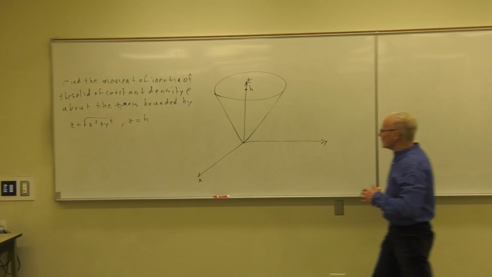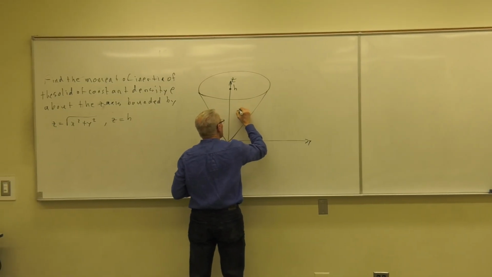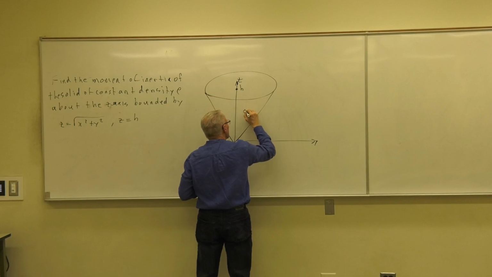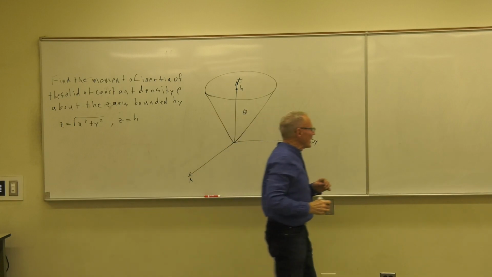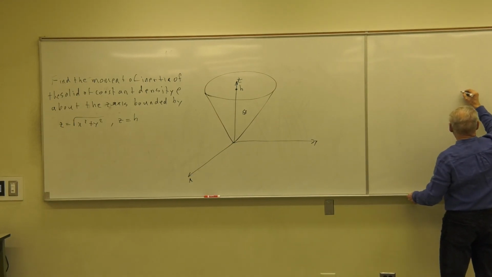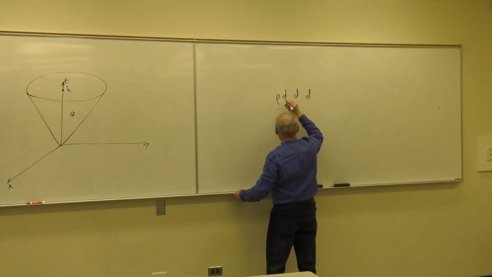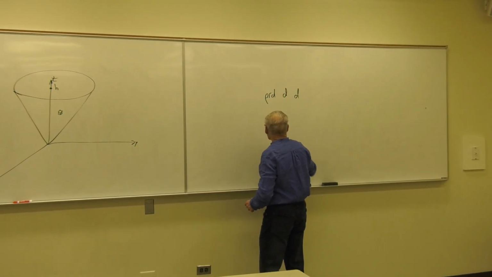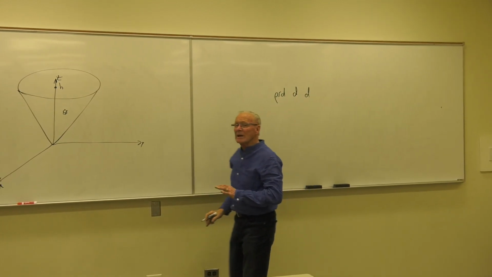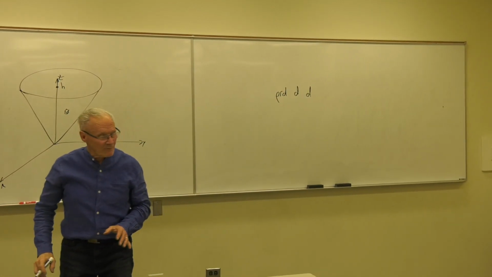So if we do cylindricals, we would say, all right, little piece of volume in cylindrical coordinates, there he is. We want his mass, which is rho dz dr d theta, and we need an r in here, in whatever order we pick.